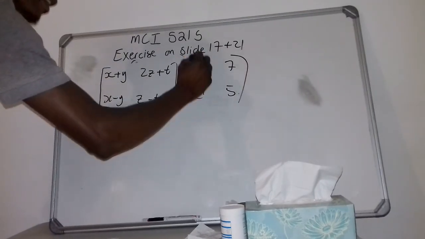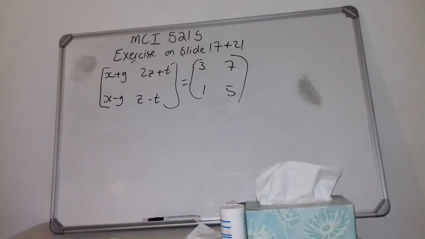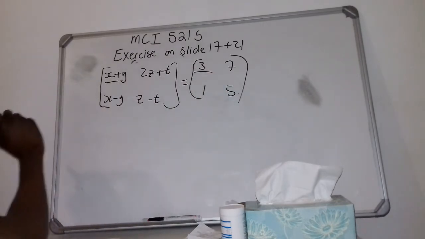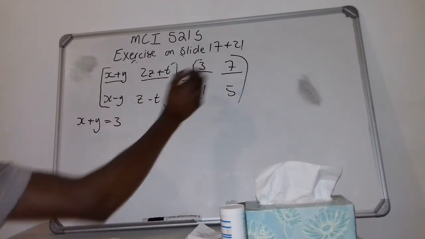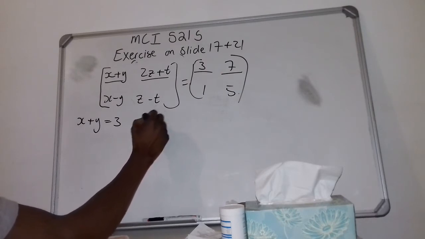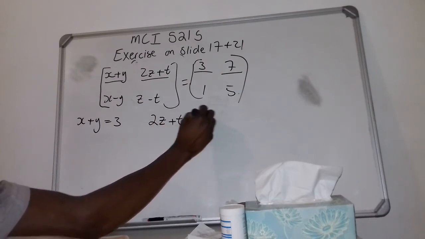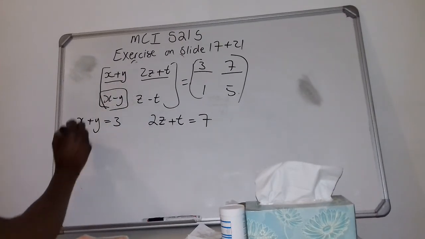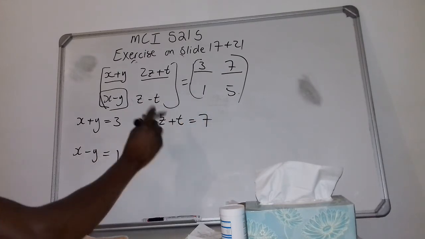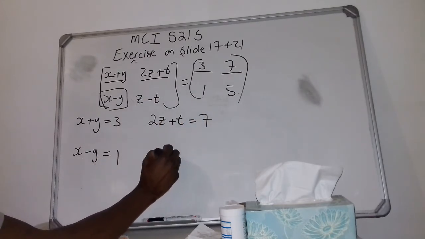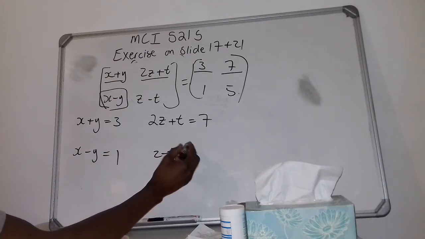If you are given this, what you need to do is equate this to that and form equations. So you have x plus y is equal to 3. That to that will give us 2z plus t is equal to 7. Then x minus y will give us positive 1, and z minus t will give us positive 5.